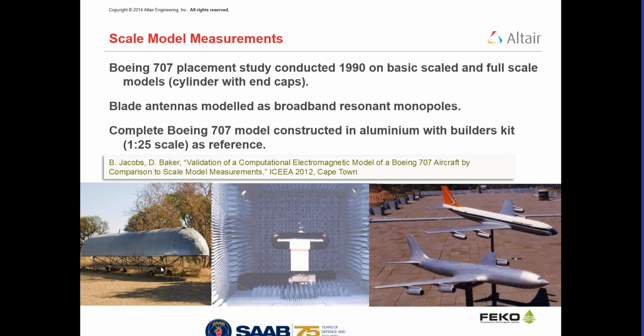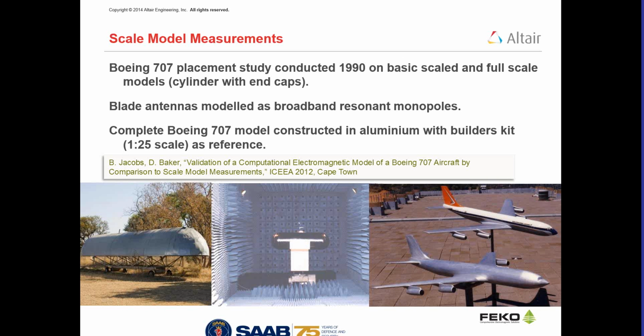Again, when you do this in an open range like this, you have to be careful with the ground reflections and should be able to accommodate them in your measurements and remove them when you compute the radiation patterns. Or they also did, in the past, a cylinder with end caps to represent the fuselage measurements.